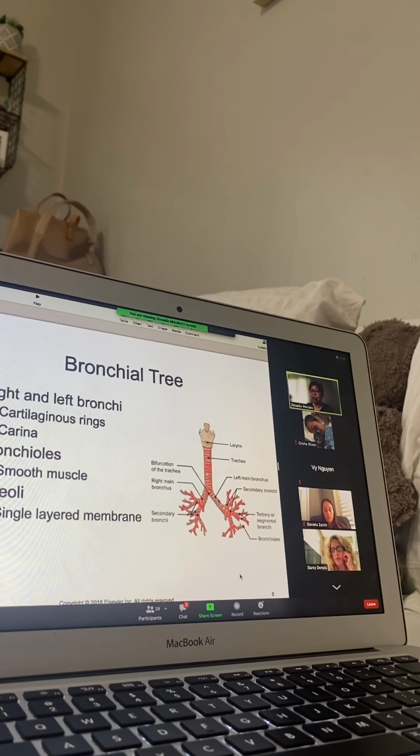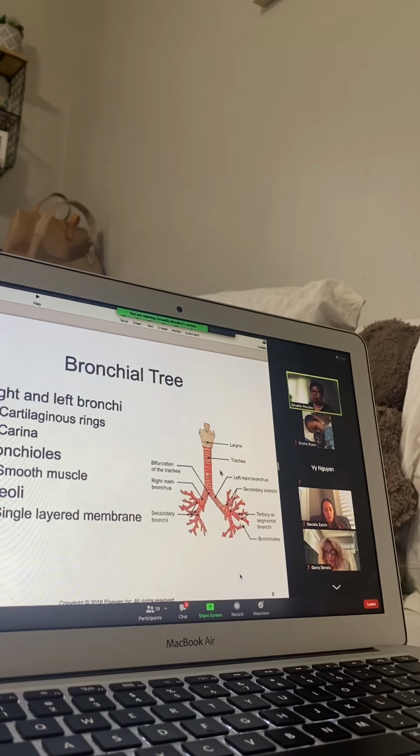This is the right one and this is the left one. So the right bronchus is longer, and its position is more vertical compared to the left side.